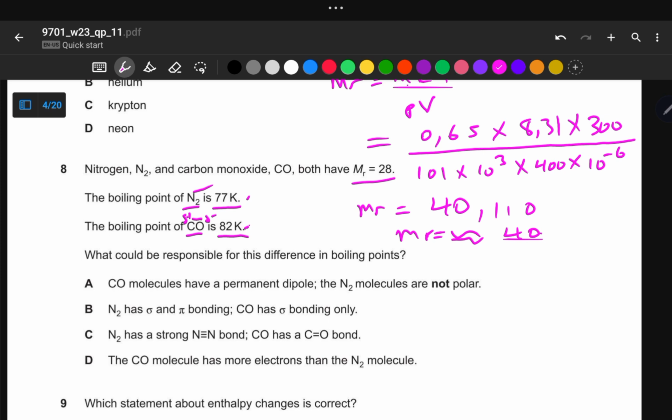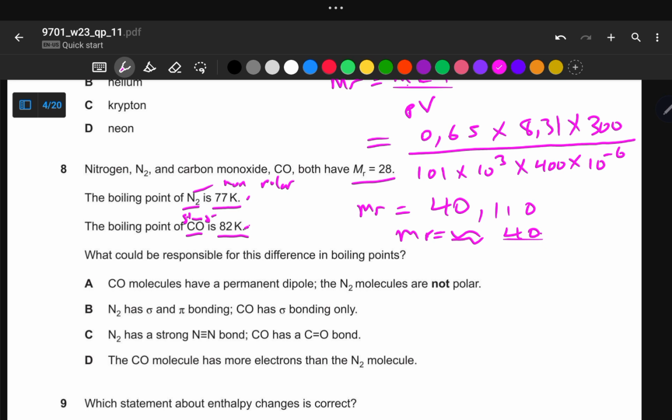The electronegativity of nitrogen cancels out because the atoms are identical, so they've got the same ability to draw electrons towards themselves. So there is no dipole moment in this molecule. It is a non-polar molecule, so they are held by weak van der Waals forces. And then here we have permanent dipole moments. So that's the reason why carbon monoxide has got a higher boiling point than nitrogen.